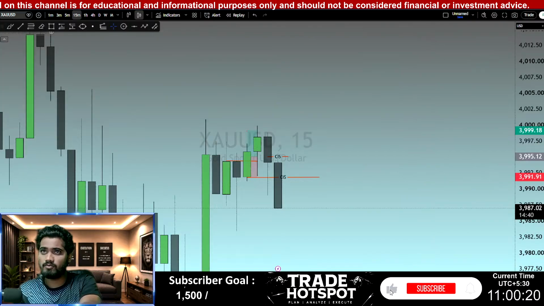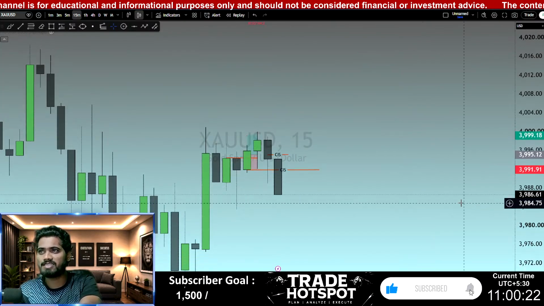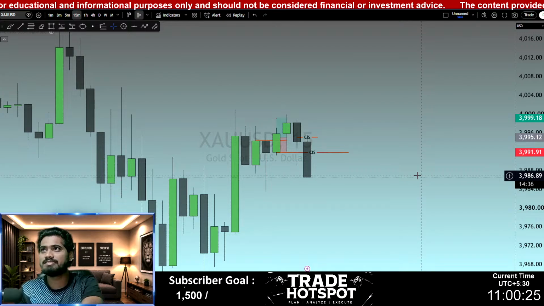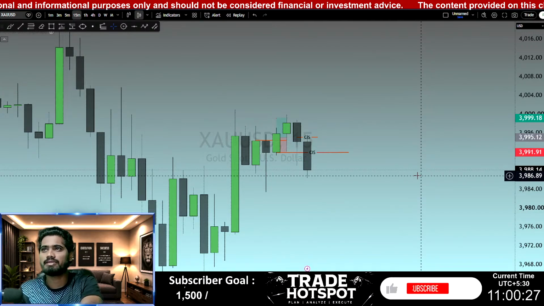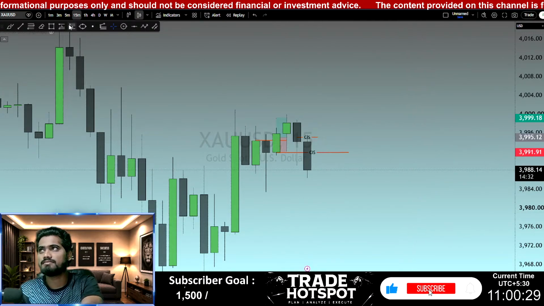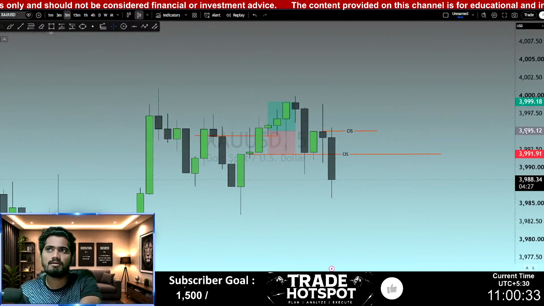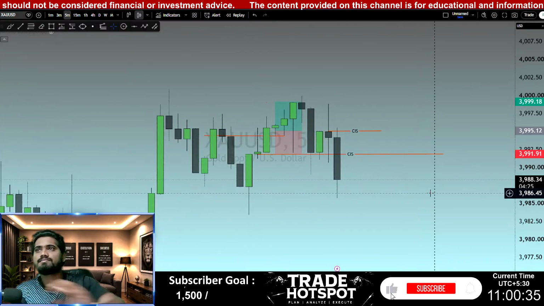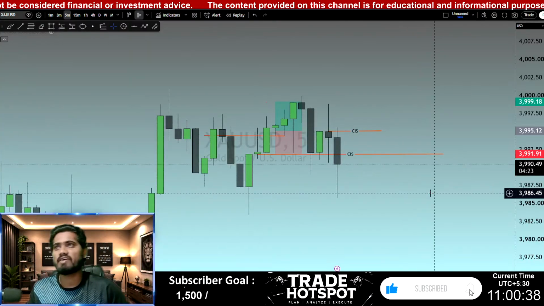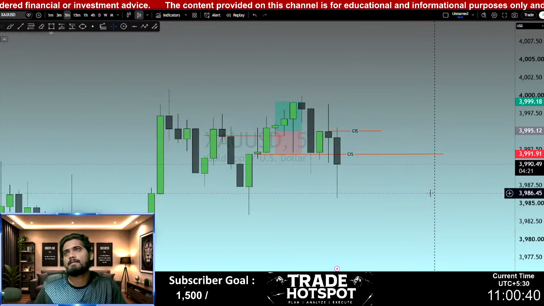Now it's moving down. Why? I don't know, but it's trying to move down. There is a big move right now after this candle. Why? Let's see. We have to wait here. So please wait, you will get the right opportunity. I'm here, coming back.